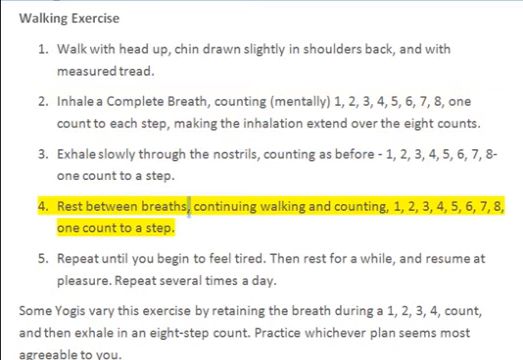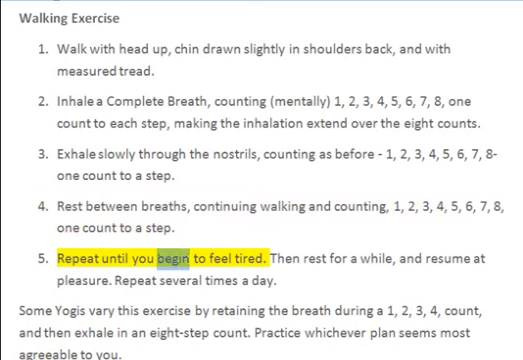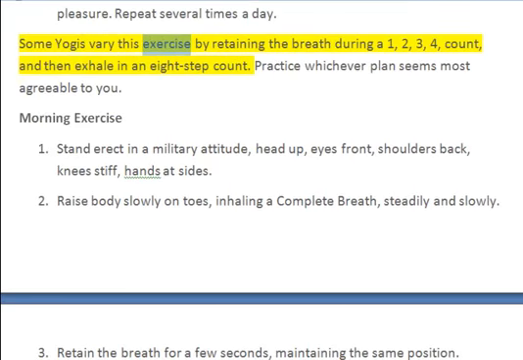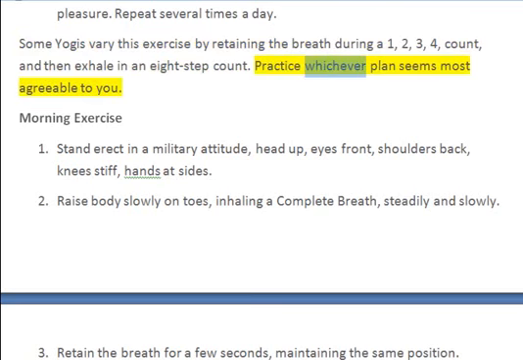Rest between breaths, continuing walking and counting 1 to 8, one count to a step. Repeat until you begin to feel tired. Then rest for a while, and resume at pleasure. Repeat several times a day. Some yogis vary this exercise by retaining the breath during a 1, 2, 3, 4 count, and then exhale in an 8-step count. Practice whichever plan seems most agreeable to you.